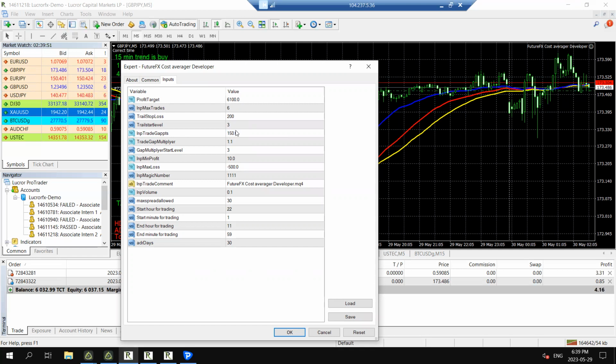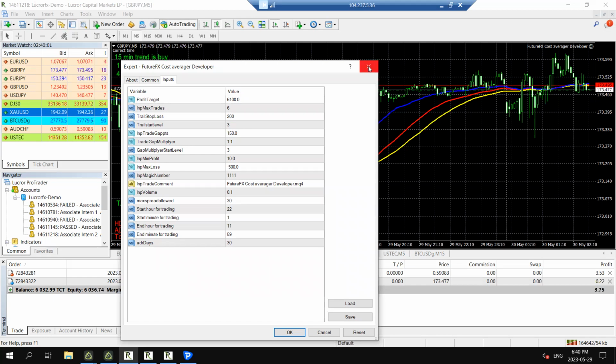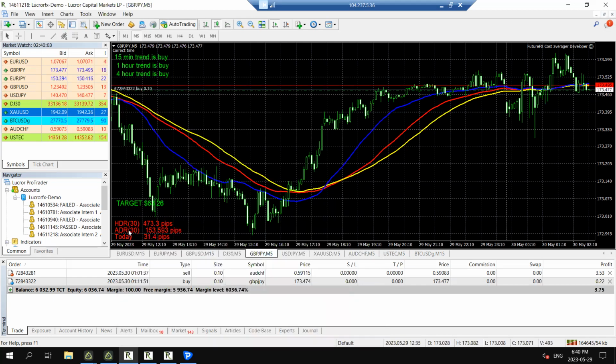I've changed that to points now because I think that's much more familiar to everybody. So I'm using 150 points, so 15 pips, as my trade gap. That's based off pound yen, which has the average daily range of 153.